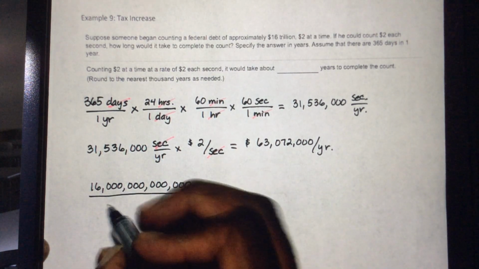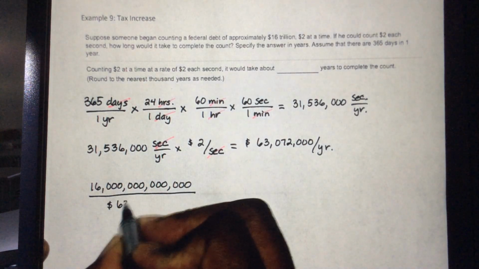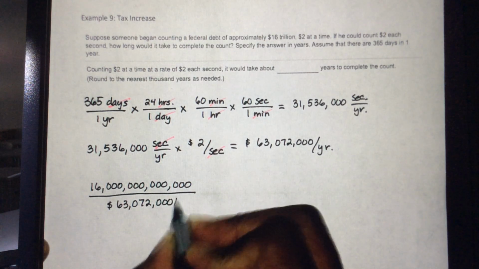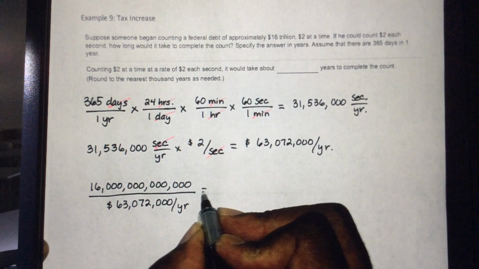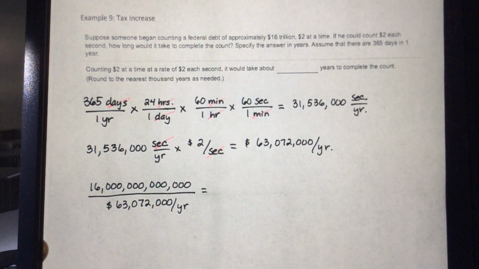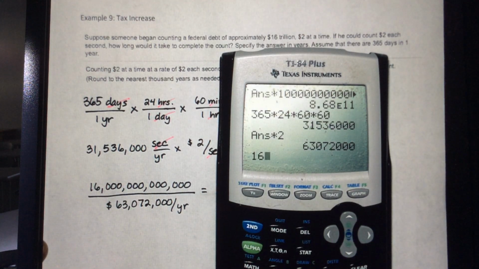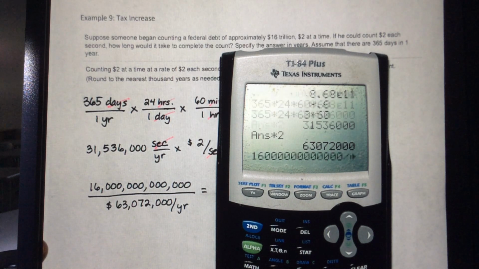We're going to divide that by that $63,072,000 per year. Let's see if I can enter all that in the calculator. 16 with 12 zeros, divided by 63,072 with 3 zeros.